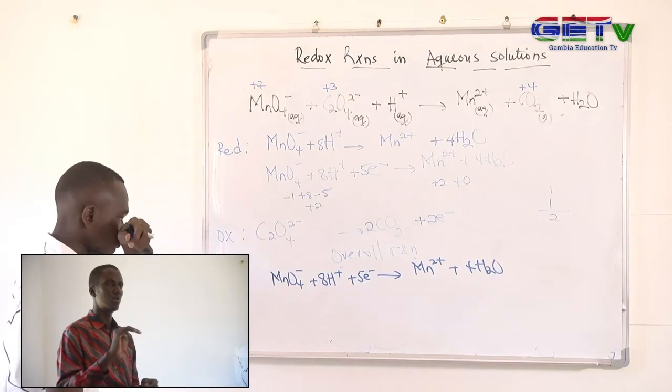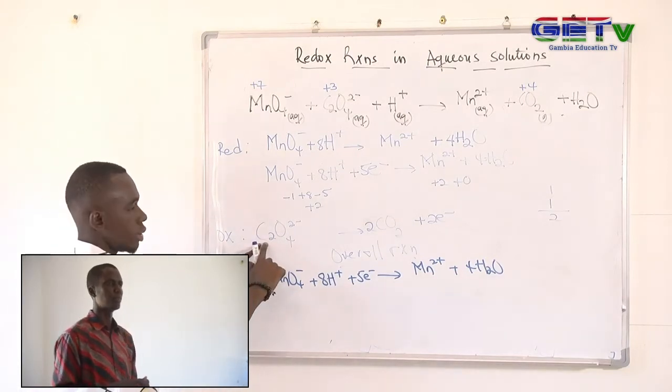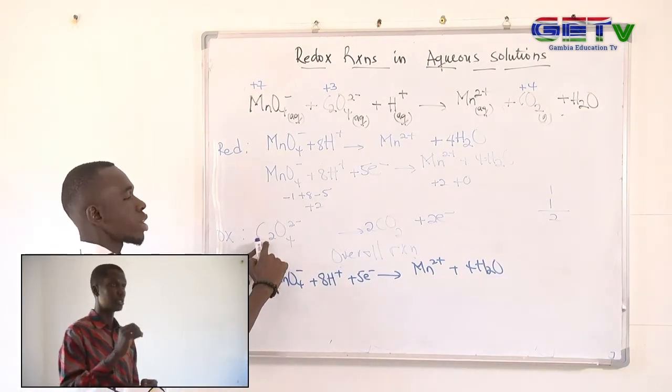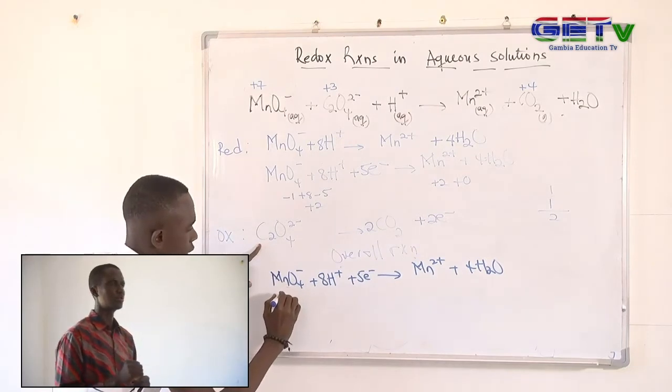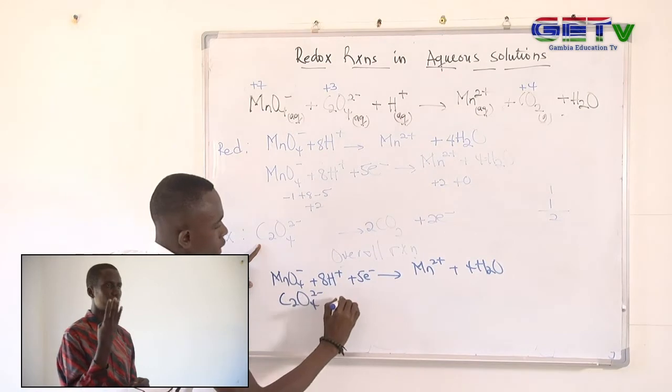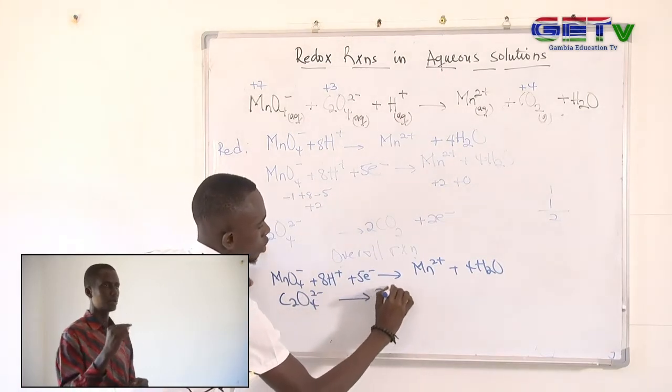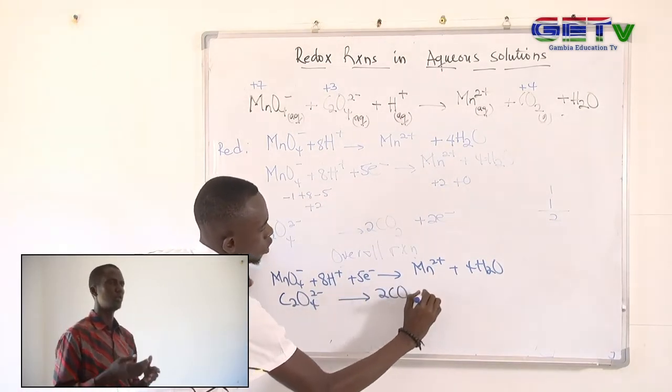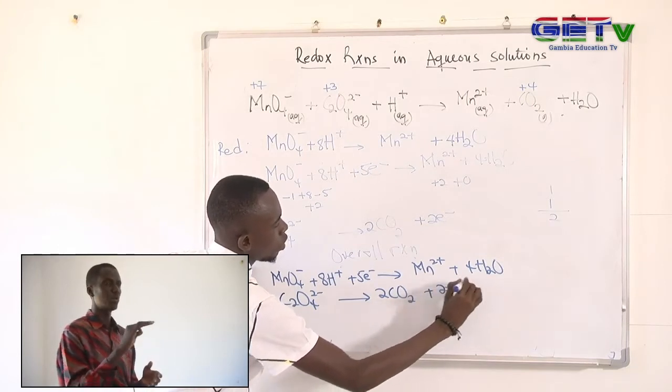We also have the oxidation half reaction, which is already balanced. We also bring it in this case. That is C2O4 2 minus will give us 2 molecules of CO2 plus 2 electrons.